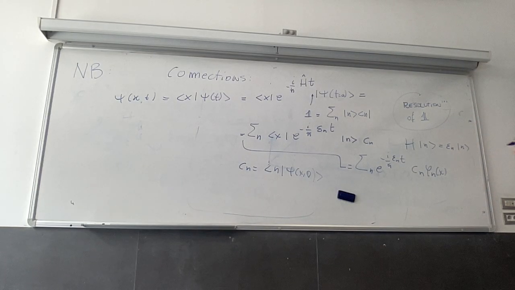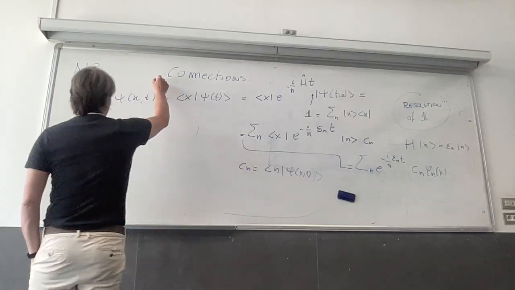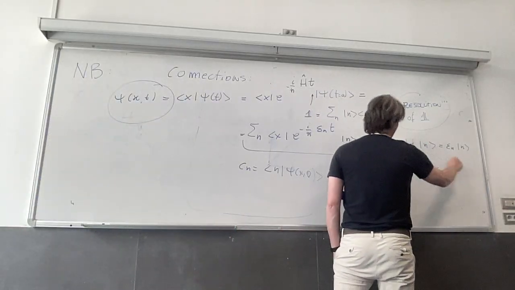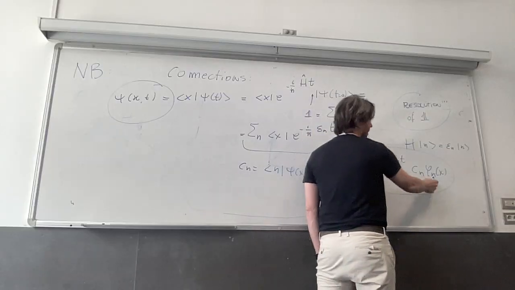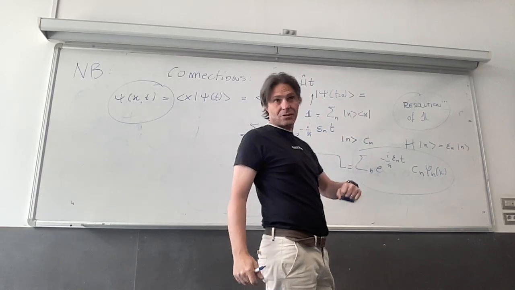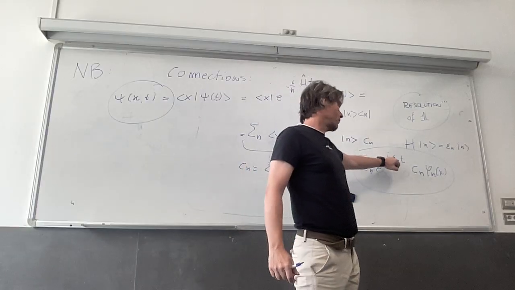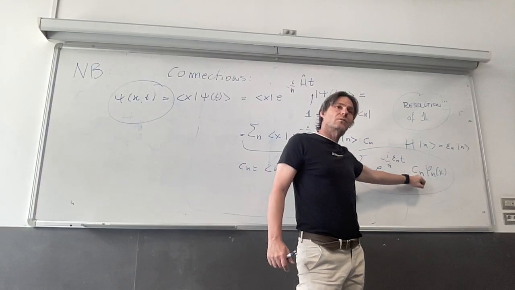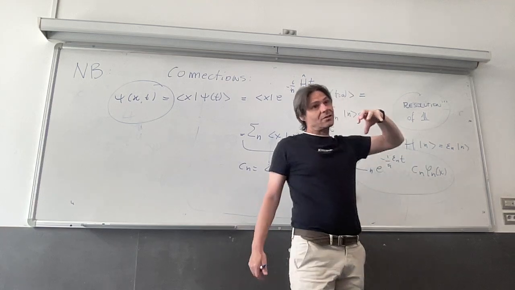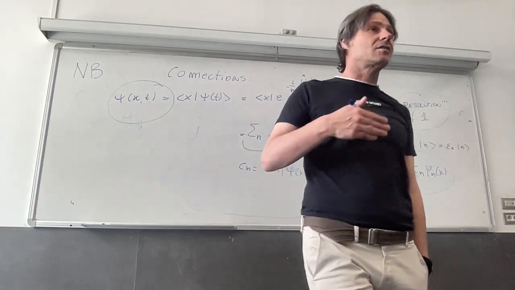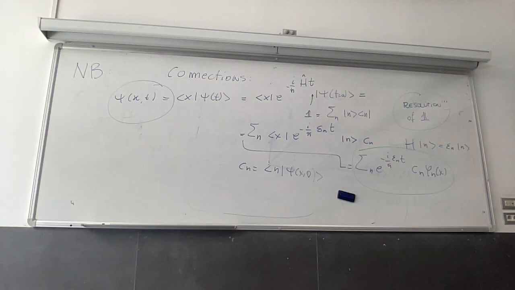So, the wave function at time t is decomposed as the sum over all the eigenstates, weighted by a specific factor that contains a phase with the energy and a coefficient which depends on the overlap of the initial state with the eigenstates. Right? This is called the spectral decomposition of the wave function.